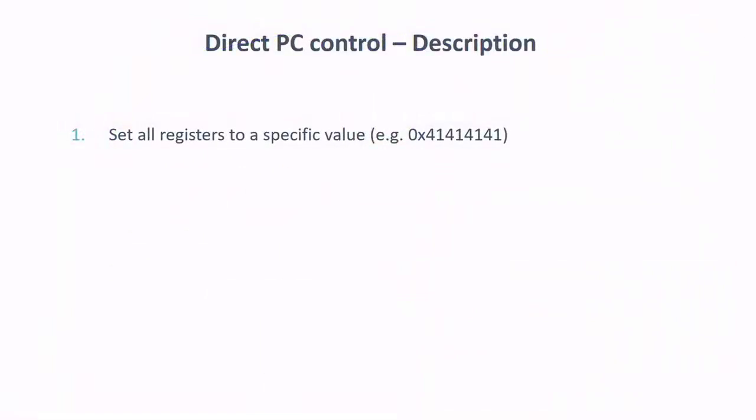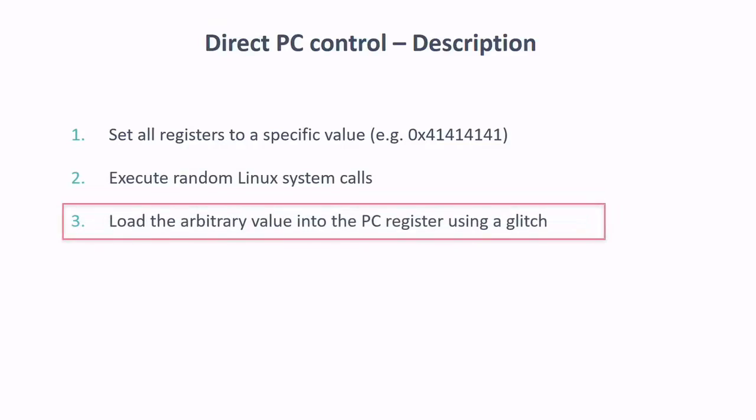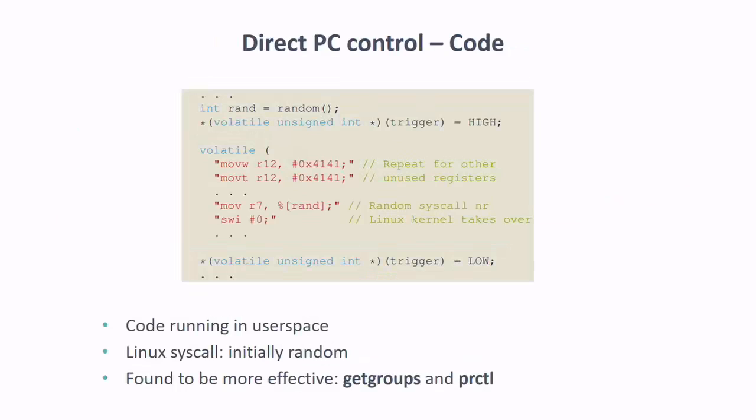So what we do is set all the registers to a specific value before doing our call, for example, that address. Then we execute a random system call, and we shoot a glitch so that that value goes into the program counter. And if that works, we have the control flow hijacked. This is the code that you see.